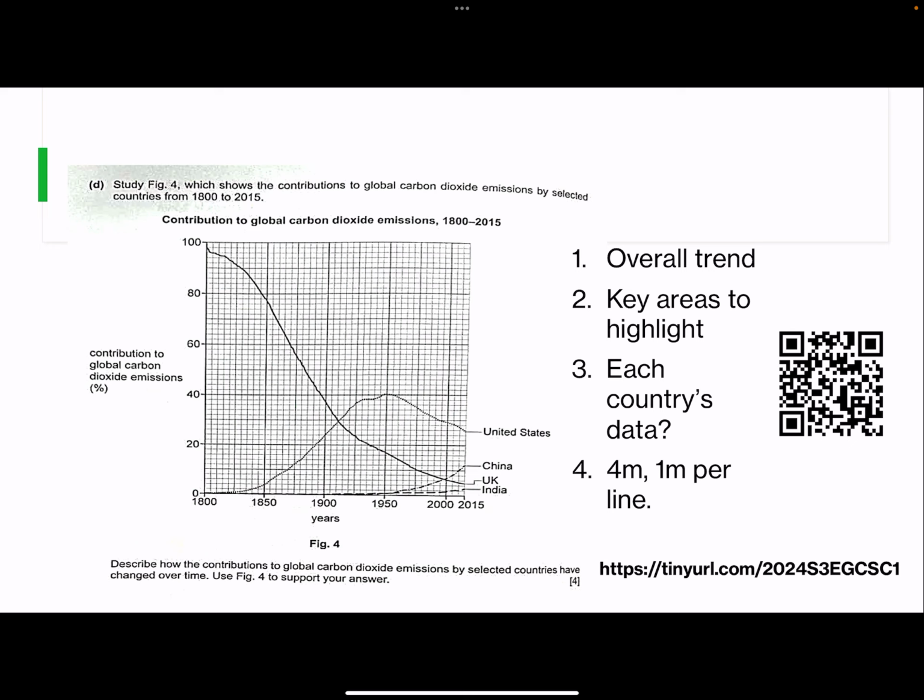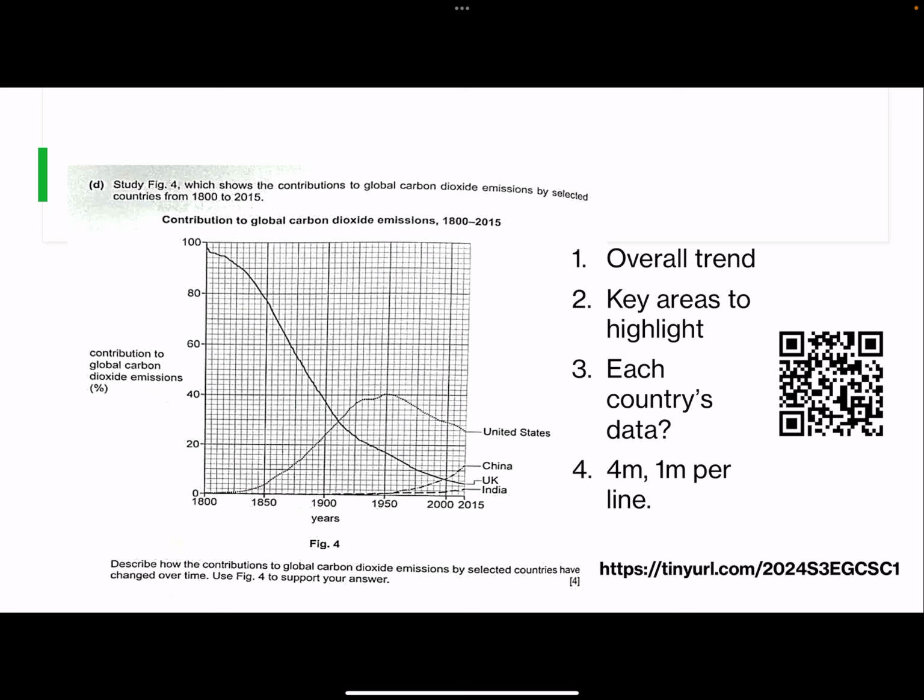So scan the QR code here or type in the tiny URL and take 5 to 10 minutes. I think 5 minutes is more than enough. Answer that particular question and you can come back and continue the video. So you can pause the video now and try this out. Okay, welcome back.